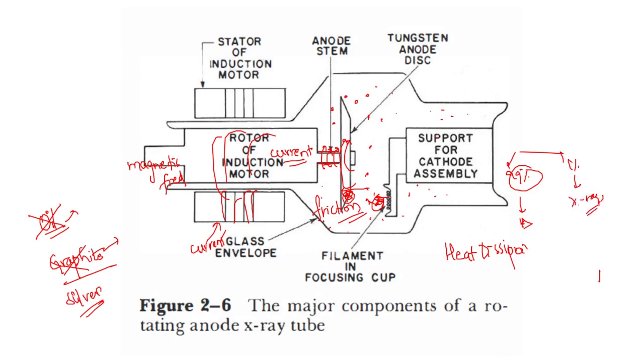Though the electrons strike the target anode at different points and the anode is rotating, the whole anode will get heated. When the anode is heated, the heat will be dissipated to the anode stem, and from there to the induction motor, and from there to the whole X-ray tube.